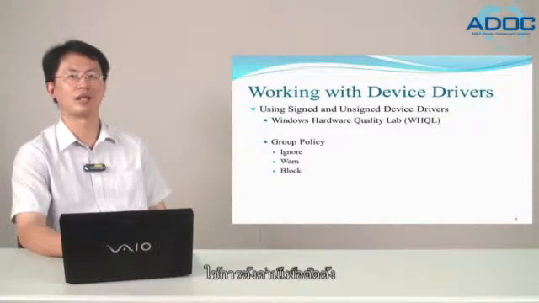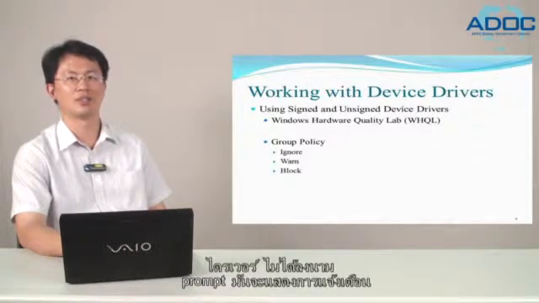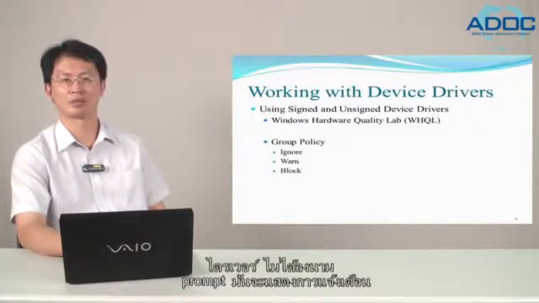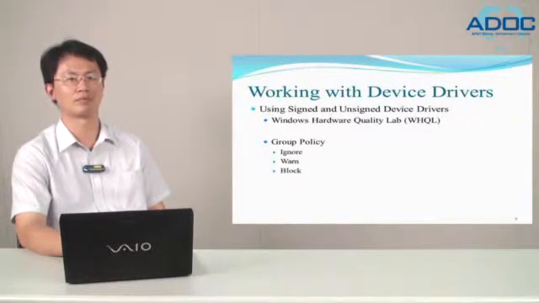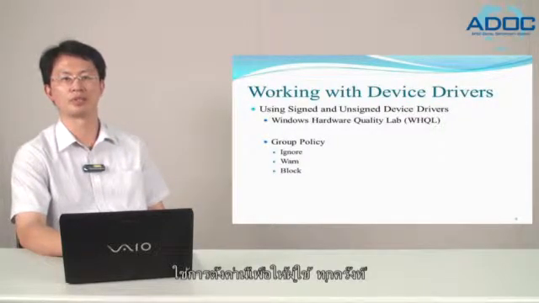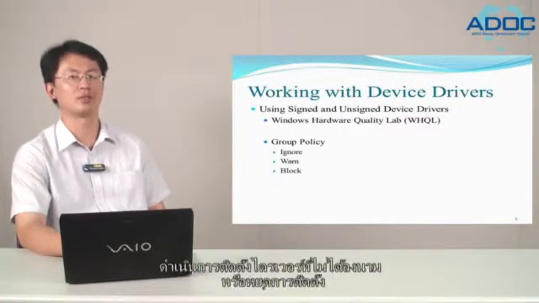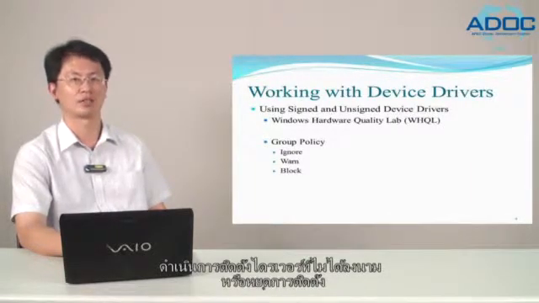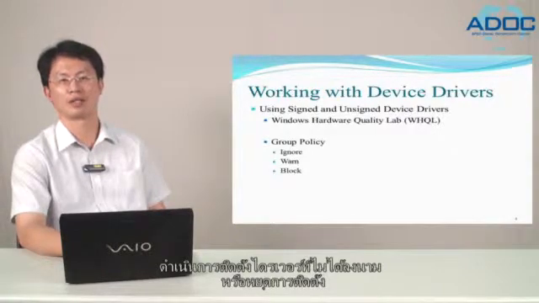Use this setting to allow users to install any unsigned driver without having to see and respond to a warning prompt. The second, warn. Use this setting to prompt users each time, either to continue with the installation of an unsigned driver or to stop the installation.